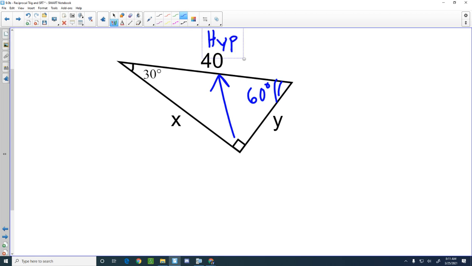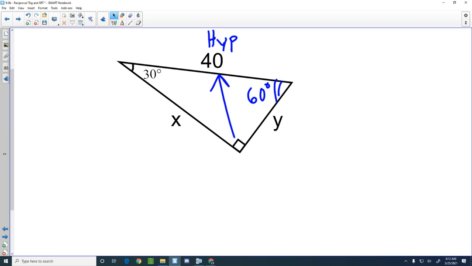And if you have the hypotenuse, then the next side that you're going to want to find is the short leg. And that's true for all 30-60-90s: if you're given the hypotenuse or the long leg first, you always want to figure out what the short leg is, because that short leg tells you what the other one is. I couldn't go from hypotenuse right to the long leg because I need the short leg.